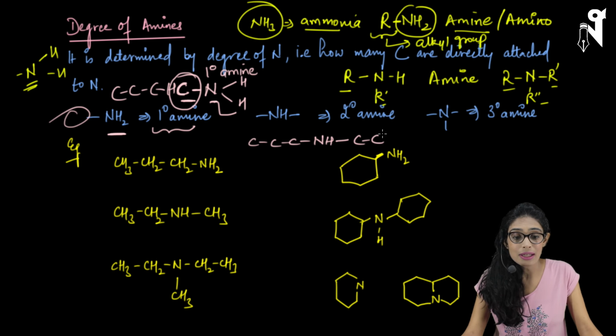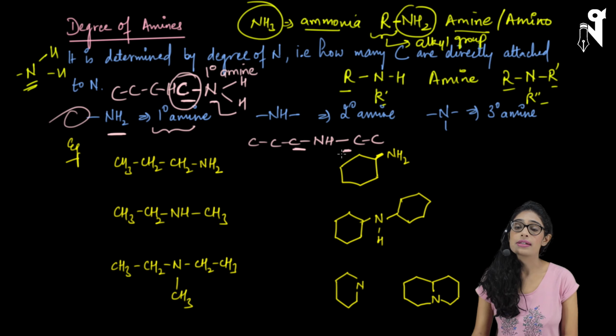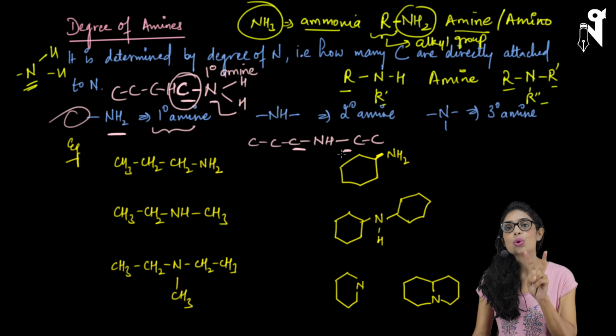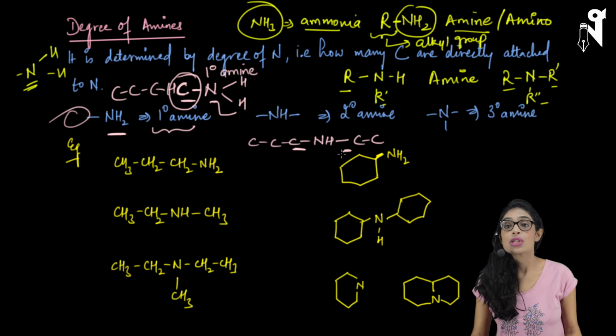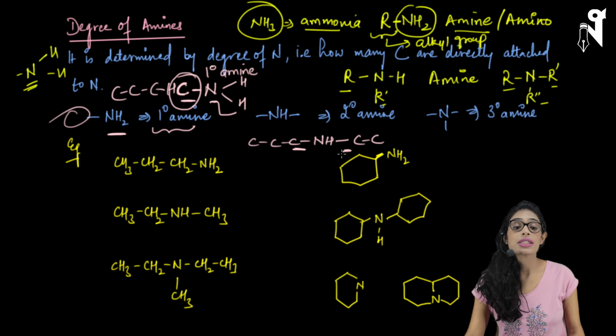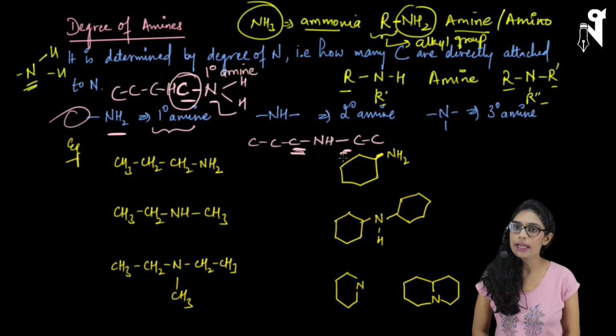So this nitrogen has two carbon chains as neighbors and one hydrogen as a neighbor. Such an amine, which is connected to two carbon chains, or whose two direct neighbors are carbon, will be called a secondary amine.